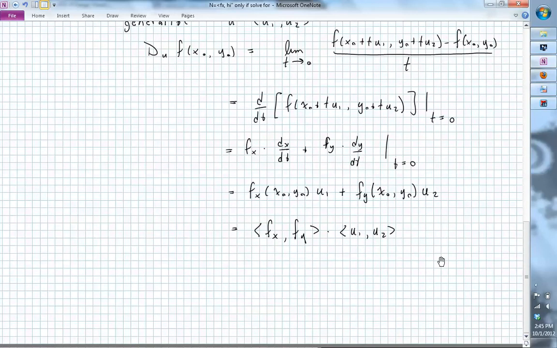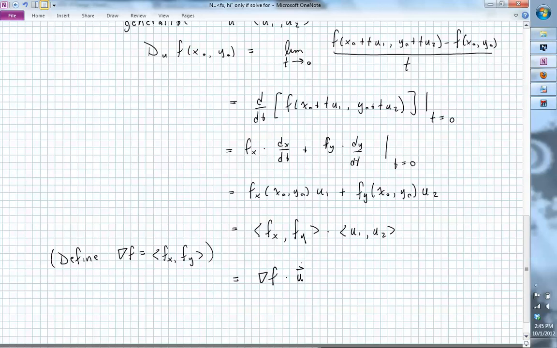This is really the dot product of this vector with the original vector u. And we're almost there. We're going to define, as mathematicians are wont to do, the gradient of f to be this vector.